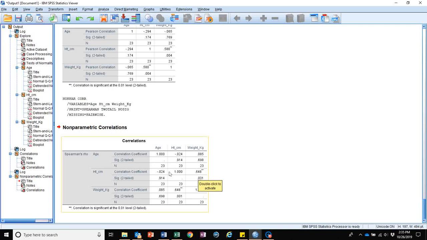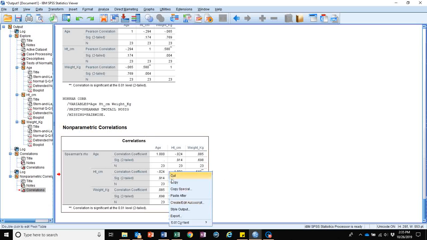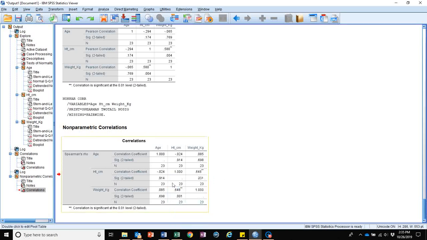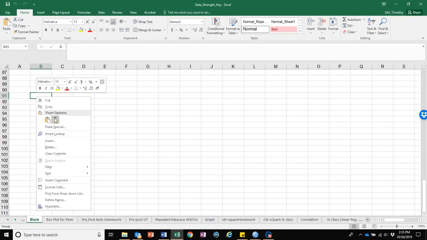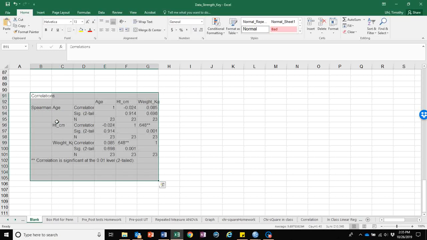Now let me show you what I want you to do with your table in Excel. When you copy this over, you're going to put it into the format of a table, and this sets everything up correctly. Notice that we have an N of 23 because we included all the subjects. This is pretty much exactly what you want.